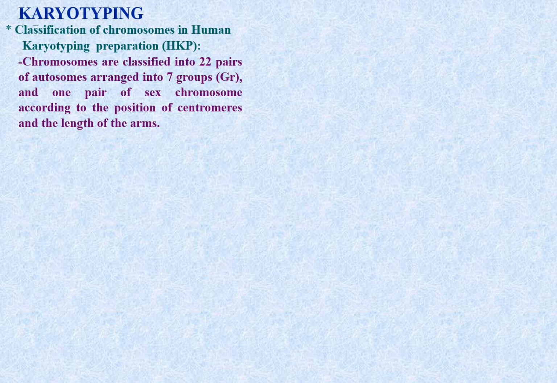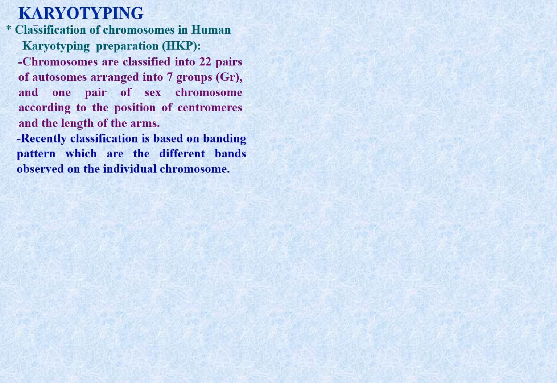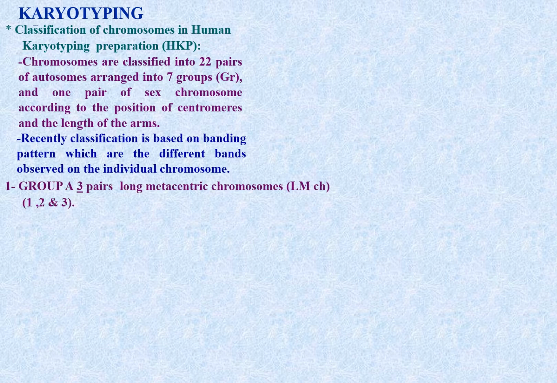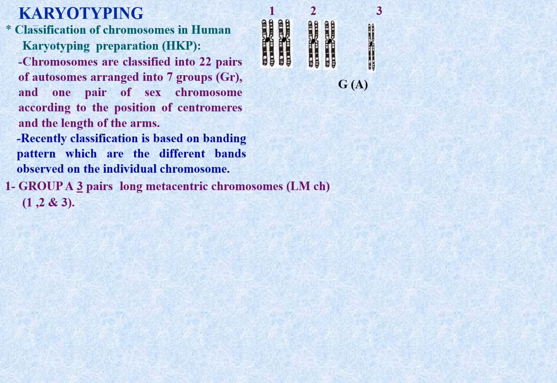Recently, classification is based on the banding patterns, which are the different bands observed on the individual chromosome. Group A includes 3 pairs of long metacentric chromosomes, chromosomes of pair 1, 2, and 3.